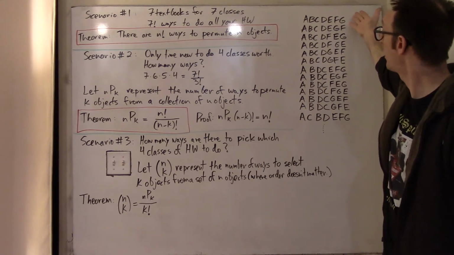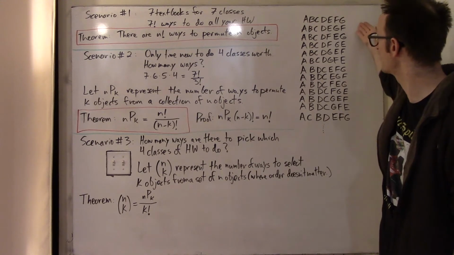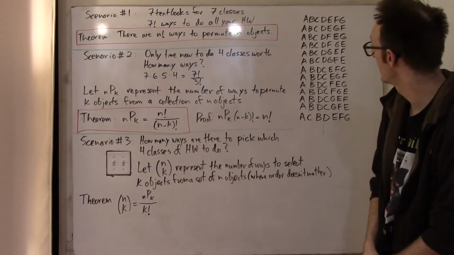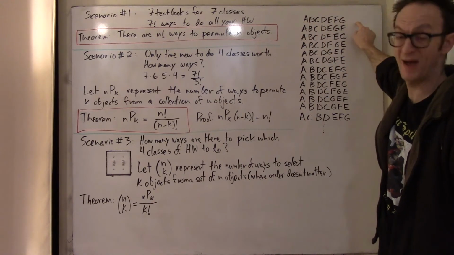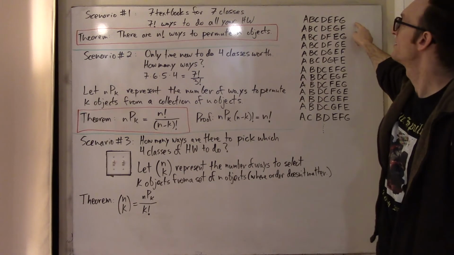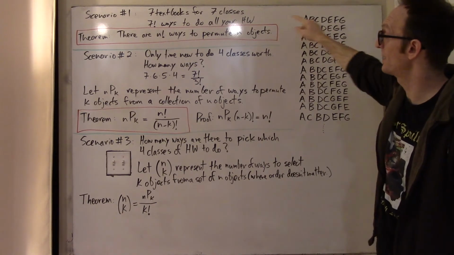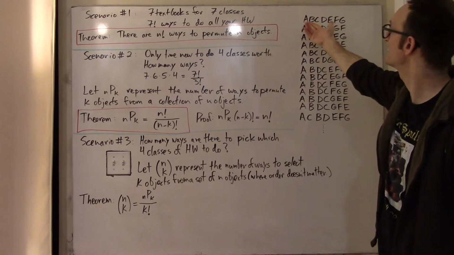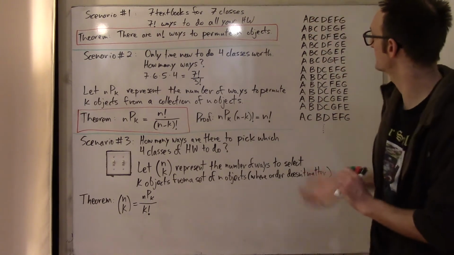Think about all these strings. Like I said, 7 factorial is a gigantic number, so this would be a very, very long list. This is just a peek at part of it. What's going on here is that this is going back to scenario 1. In scenario 1, there were 7 factorial ways to do all your homework, so we were listing all of the options. And so since we're doing all of the homeworks, I went all the way out to the end.